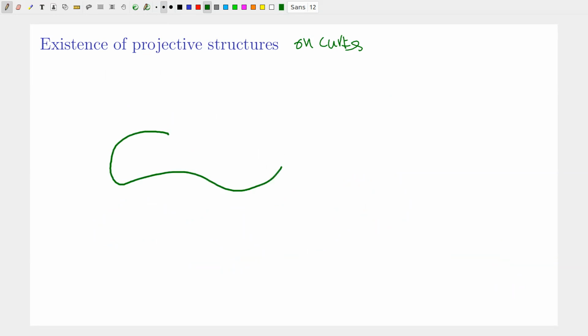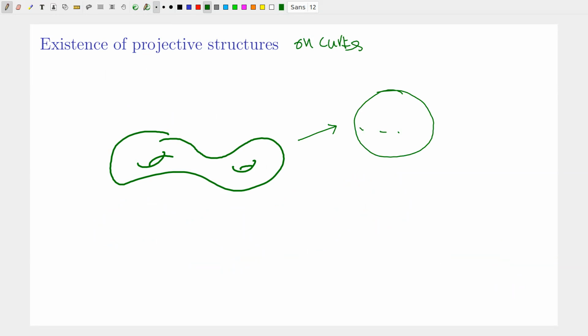So take a curve endowed with a complex structure. So you have charts taking values in C. And whenever you have two charts in intersecting domains, you have some map going from one open set of the Riemann sphere to another one, which is not necessarily a fractional linear transformation.